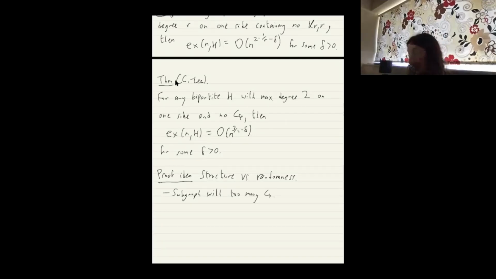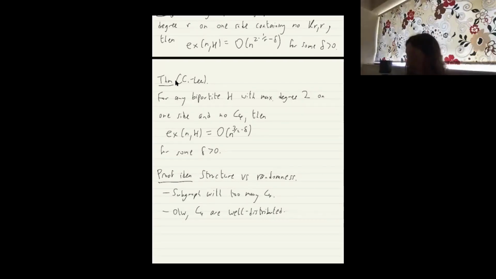If you have a graph which has too many C4s, then it becomes quite easy to build the base graph H. On the other hand, if there isn't some subgraph that contains too many of these cycles of length 4, then the C4s are well distributed. And if they're well distributed, then in that case it also becomes fairly easy to build a copy of this H. So you get these two different situations.